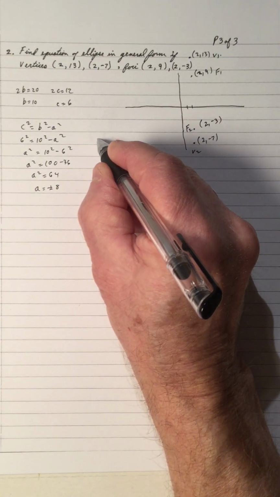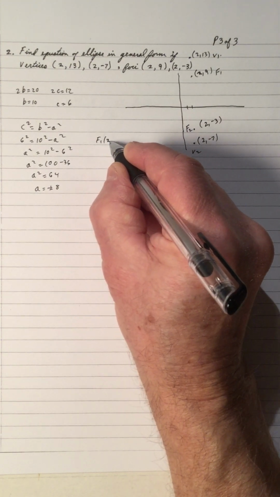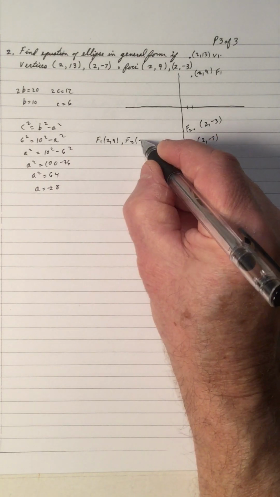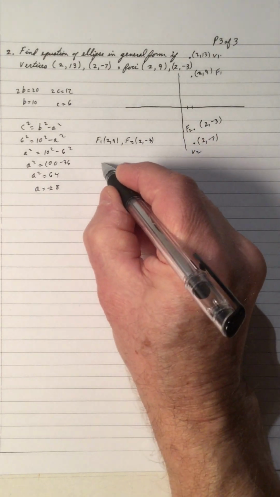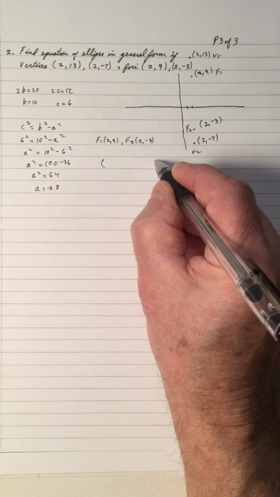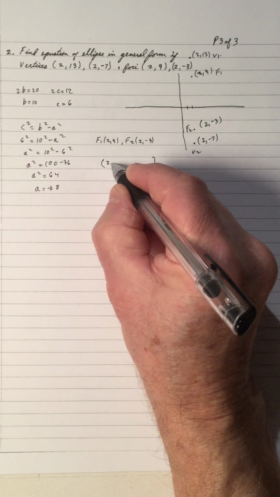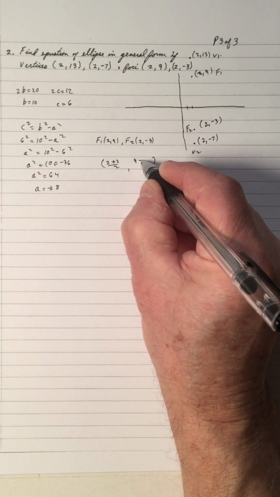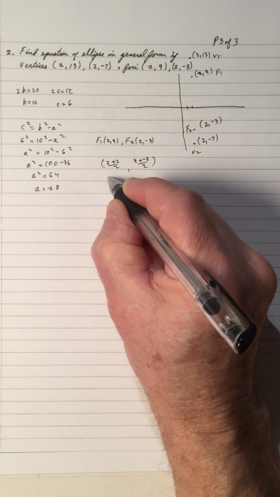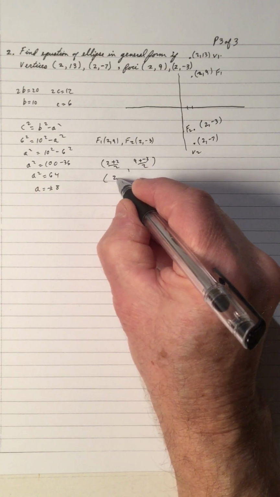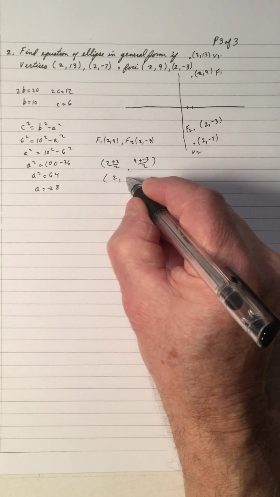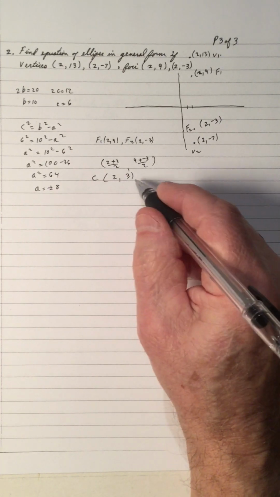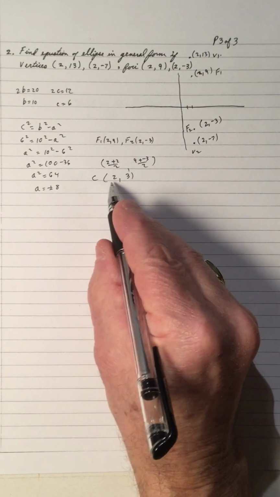If you take foci 1, which is (2, 9), and foci 2, which is (2, -3), we take the 2 and add on 2, divide by 2, and take the 9 and add on -3, and divide by 2. That gives us 4 over 2, which is 2, and 6 over 2, which is 3. So this is the center.